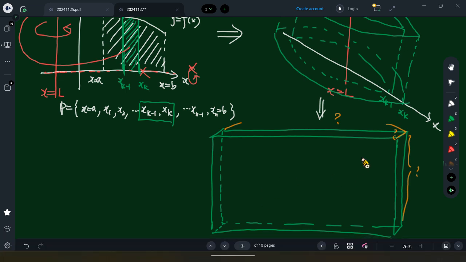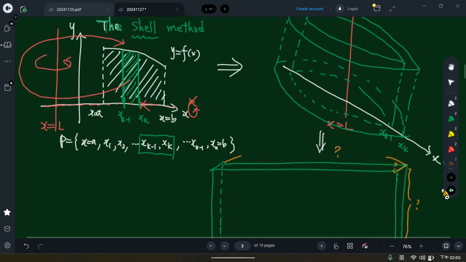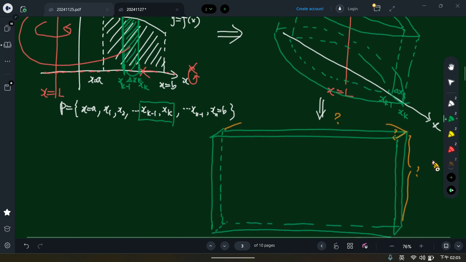For the first one, the simplest one, here is delta s_k, the width. About the height, how can we get the height? Do you remember when we talked about the Riemann sum?